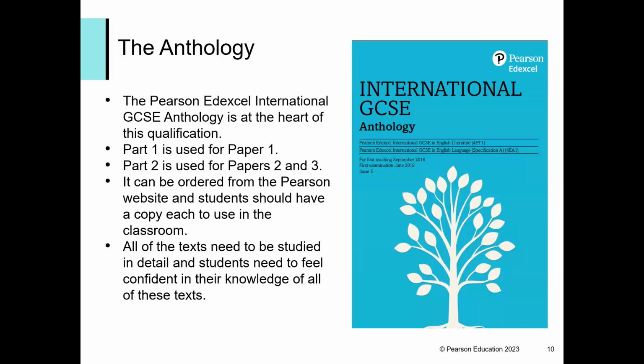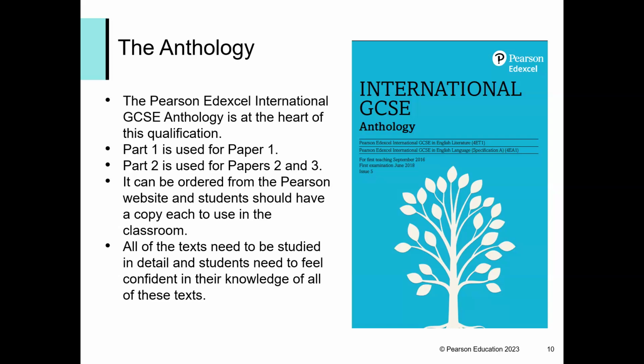A little bit about the anthology. Parts 1 and 2, all of those extracts, and we'll be looking at what those are in a moment, must be taught. This is SO6 in your download folder. It's at the heart of this qualification.